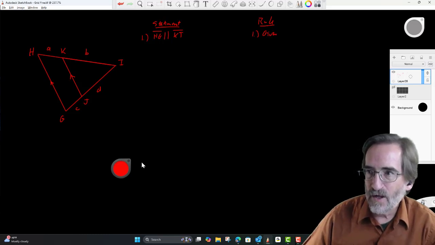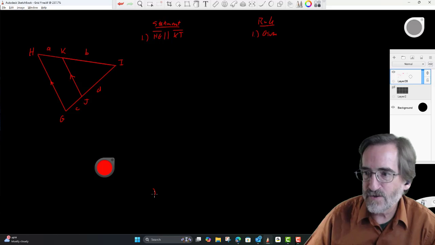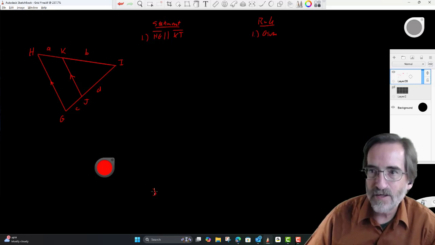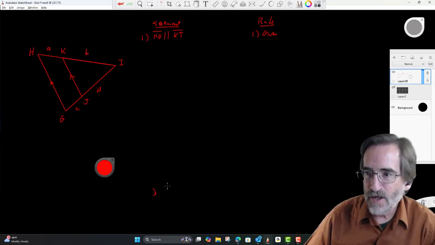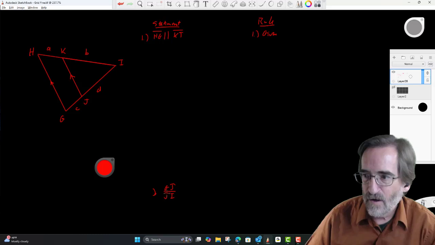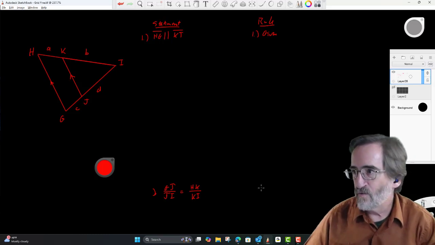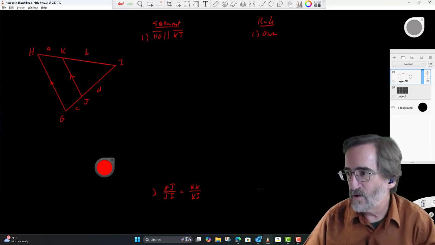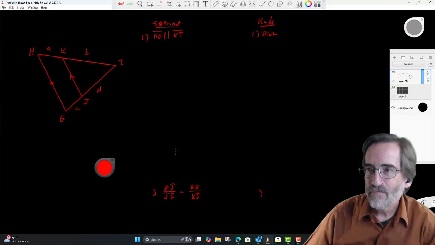And where we're going to end our proof, I don't know the step number, but it's going to end with GJ is to JI as HK is to KI. I don't know the reason yet, but hopefully we will by the time we reach the end.